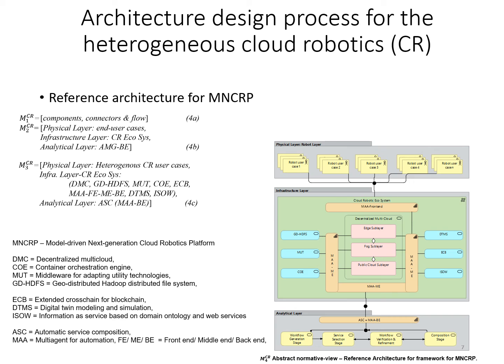Based on that modeling process we followed, finally we derived the finalized model for the reference architecture as M1, M2 and M3. You can see M3 mainly contains the physical layer, infrastructure layer and analytical layer. The physical layer is mainly dominated by the use cases. The infrastructure layer is dominated by the cloud robotic ecosystem.